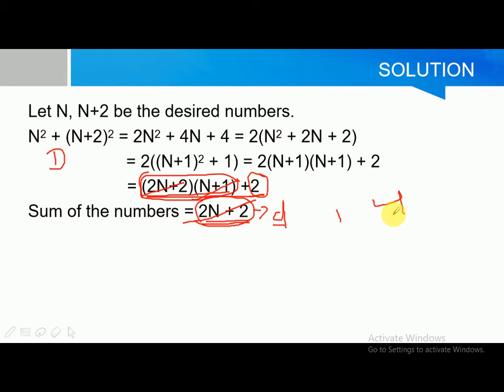Now all the divisors of 2 will be at most 2, and there are only two divisors, 1 and 2 itself. So 4 is not a divisor, so 4 will not divide 2, and any number greater than 2 will never divide 2. So basically we can conclude that when we try to divide 2 by 2n plus 2, we will be left with a remainder, and that remainder would be 2.